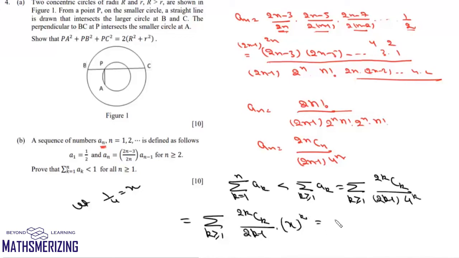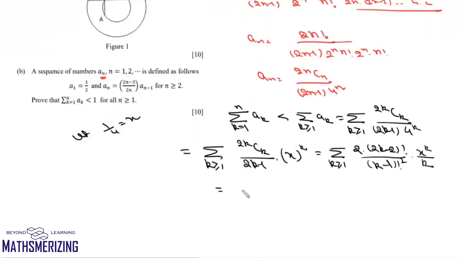Now we can further simplify this as summation k greater than or equal to 1. We can write this as factorial 2k upon factorial k square, and we can cancel 2k minus 1. So we'll write this as 2 into factorial (2k minus 2) upon factorial (k minus 1) square into x to the power k upon k.